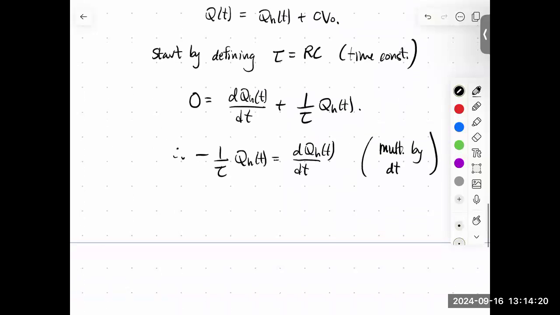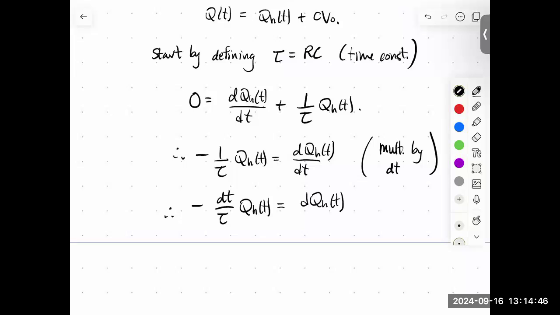We'll try to do this slowly in lots of steps. Okay, so we're going to get minus dt over tau QH of t is equal to dQH of t.